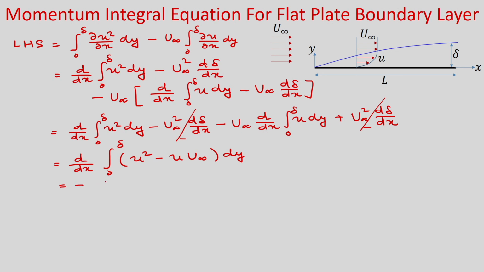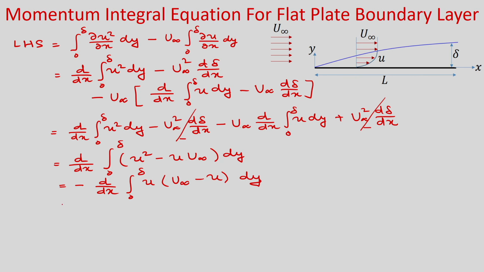Minus d/dx. So, we have to write this term first. So, the integral from 0 to delta, we are taking u outside, so it will be u infinity minus u dy. We have already evaluated the right hand side term, which is the third term, in terms of the wall shear stress.